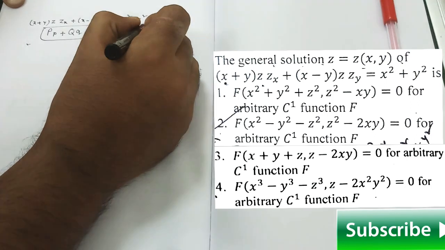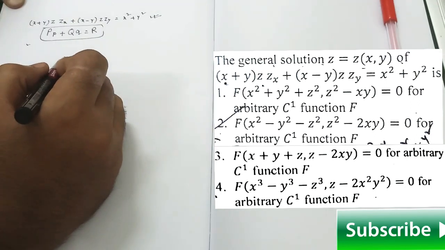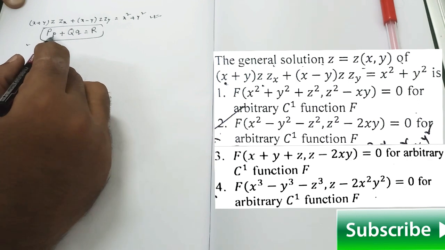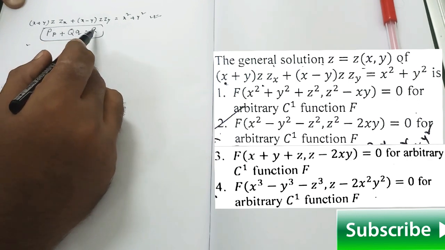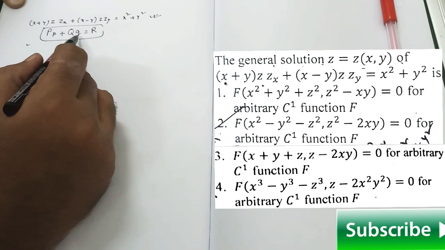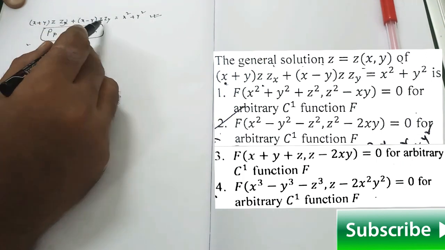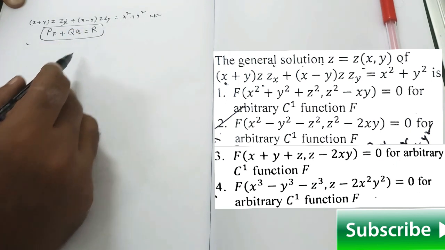This is the given partial differential equation and it is of this form: capital P into p plus capital Q into q is equal to R, where small p and small q stand for del z by del x and del z by del y respectively.